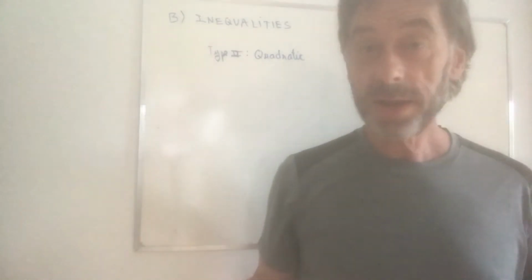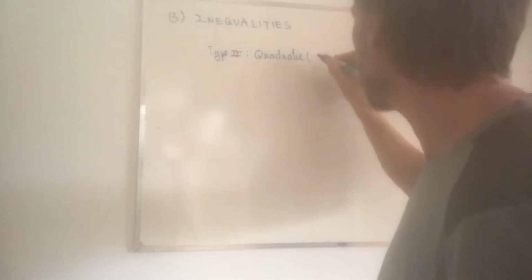Good. So let's take a look at type 2, which is the nonlinear case. And the nonlinear case will actually be the quadratic case. So, quadratic case, type 2. Quadratic, what does it mean?